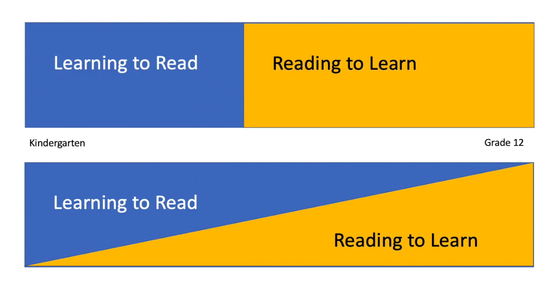were reading to learn. The paradigm shift in 2010 is shown below on the lower half of the slide. And it's this idea that yes, students in the early grades spend more of their time learning to read. It's more of a focus because they haven't yet acquired those skills, but they also can read to learn.